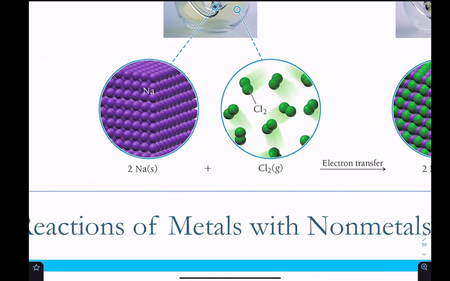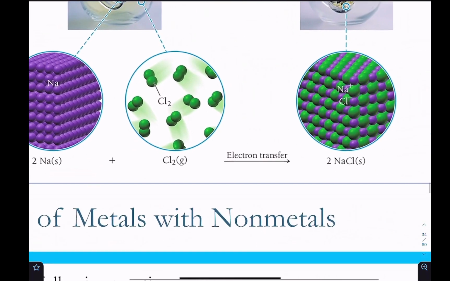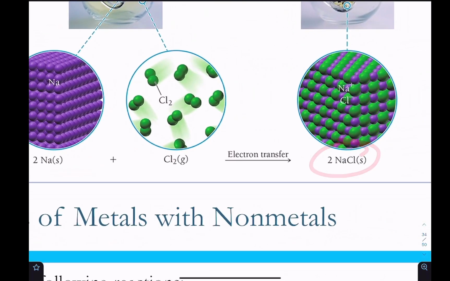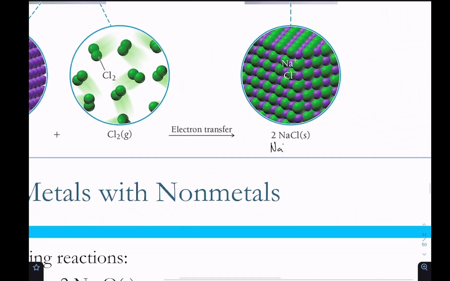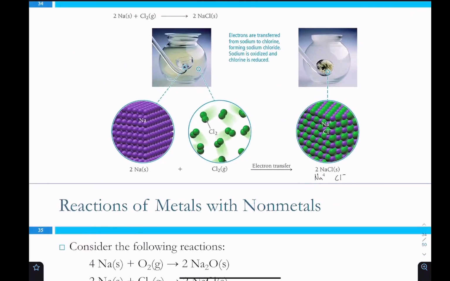Sodium really does not want its one valence shell electron, and wants to get rid of it. Chlorine really wants to get a valence shell electron from somewhere, so they can both have complete octets. And so through a handshake, the sodium trades its electron to chlorine, and now this compound is ionic. Added to water, this would be Na plus and Cl minus. And now they'd be charged because they exchanged that electron.